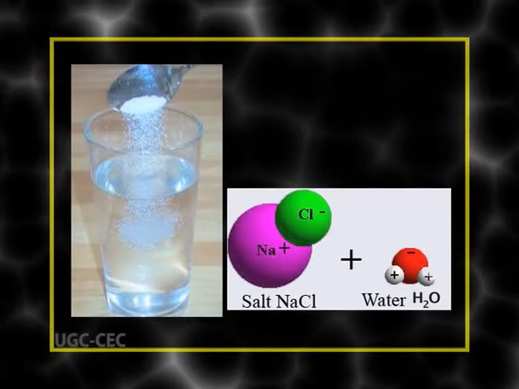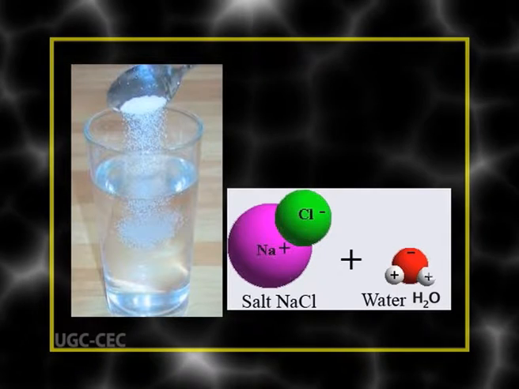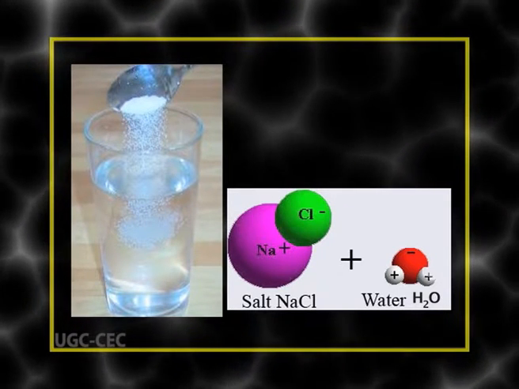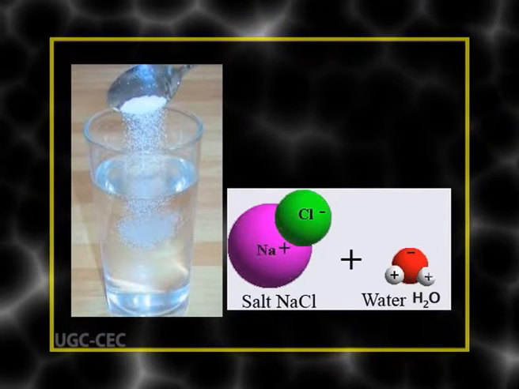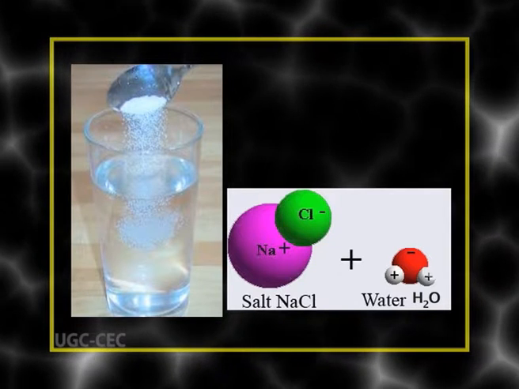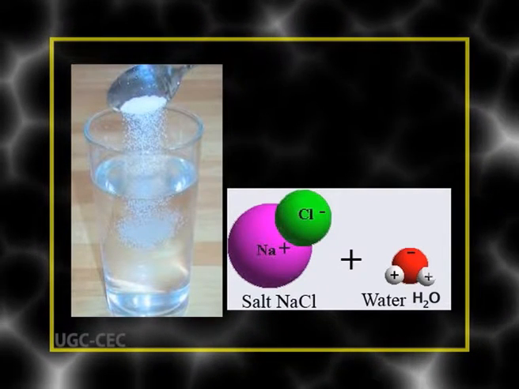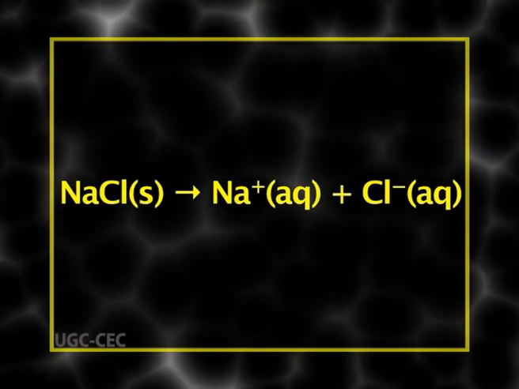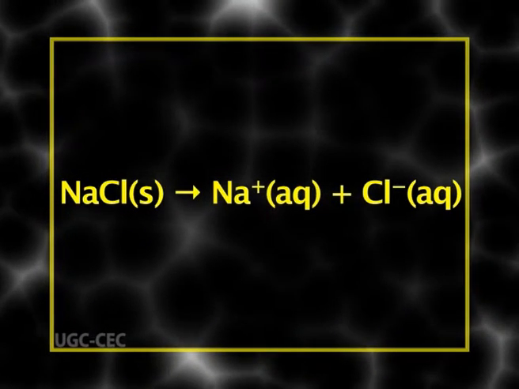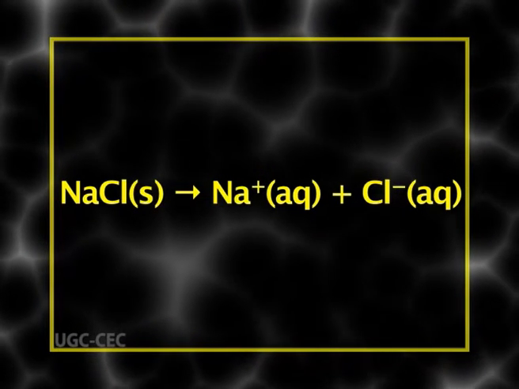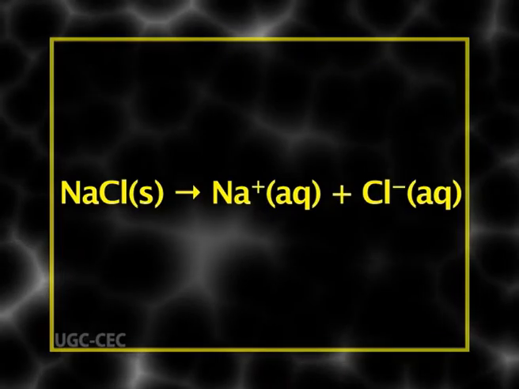For example, when sodium chloride, commonly called table salt and represented by the symbol NaCl, is placed in water, the salt, which normally is a solid at room temperature, dissolves into its component ions. According to the dissociation reaction, NaCl solid gives Na+ aqueous plus Cl- aqueous.